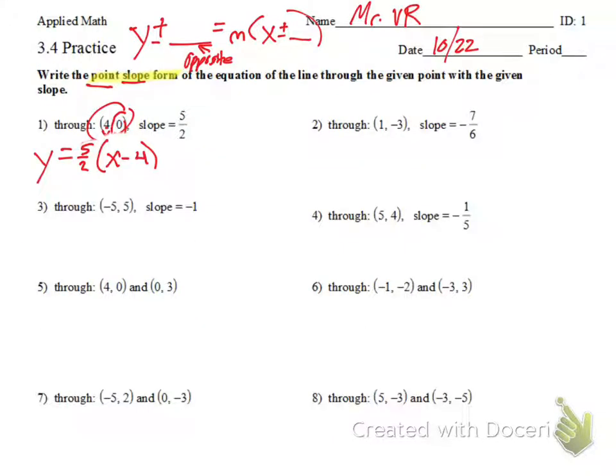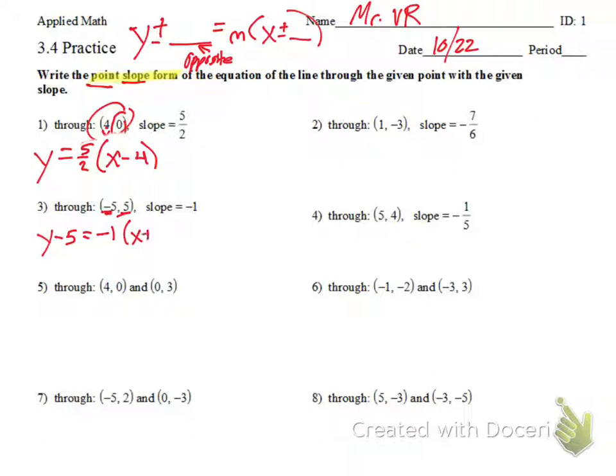All right, let's keep going to number 3. We got a point and we got a slope. So again, all I'm doing is starting with my y, and I'm going to do the opposite of my y. So I'm going to do y minus 5 is equal to, the slope stays the same, negative 1, and then it's going to be x, and then whatever the opposite of this is.